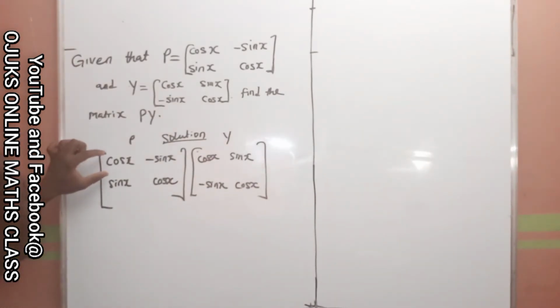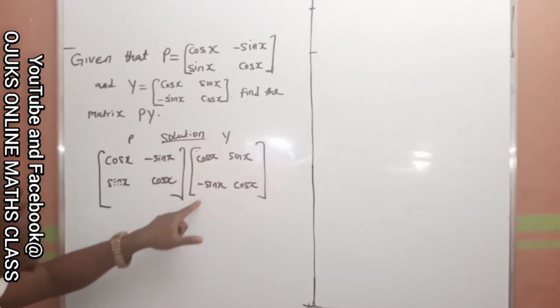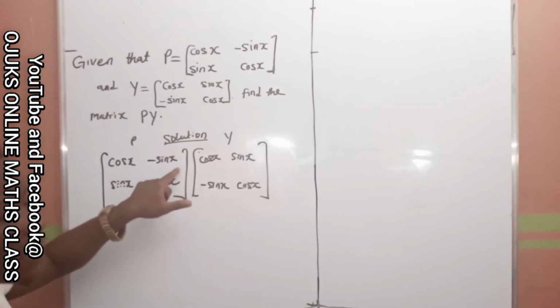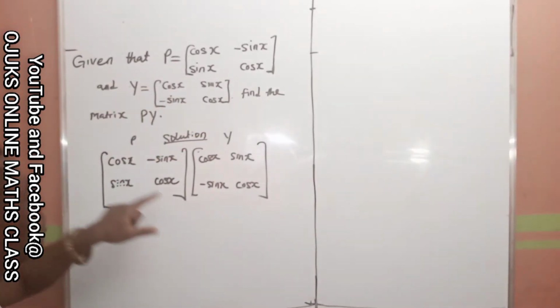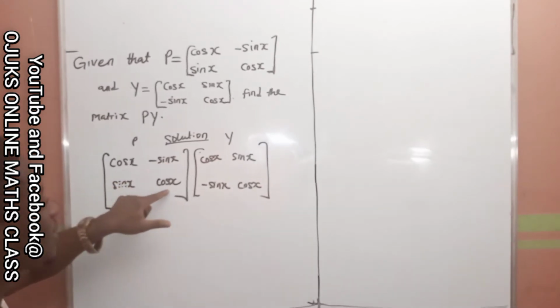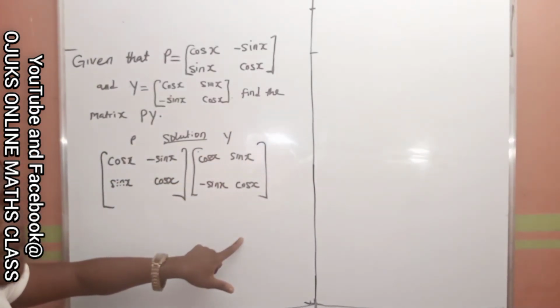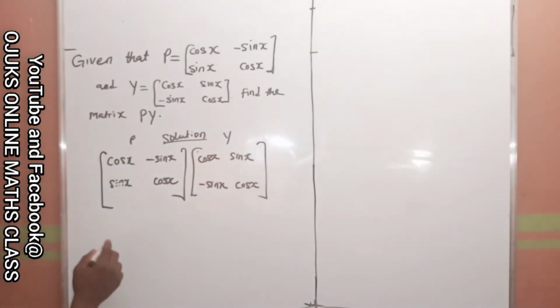Here we apply row-column multiplication. So this is the row of matrix P, and these are the columns of matrix Y. Horizontally is the row, vertical is the column. So each row in matrix P will multiply each column in matrix Y. Now listen, observe.